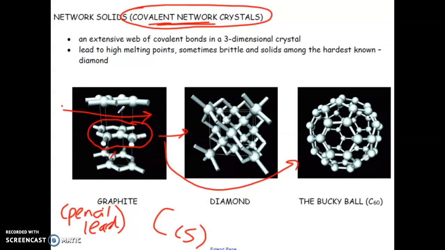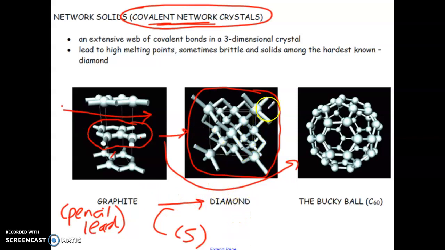However, over time, with pressure and heat, of course, changes within the structure over time, we can start to have more complex networks, such as a diamond. So this essentially will lead to this.